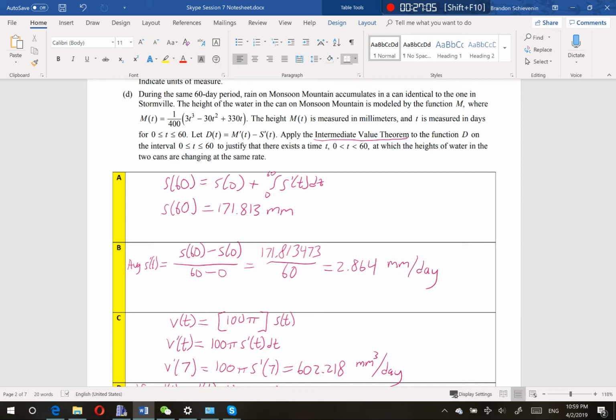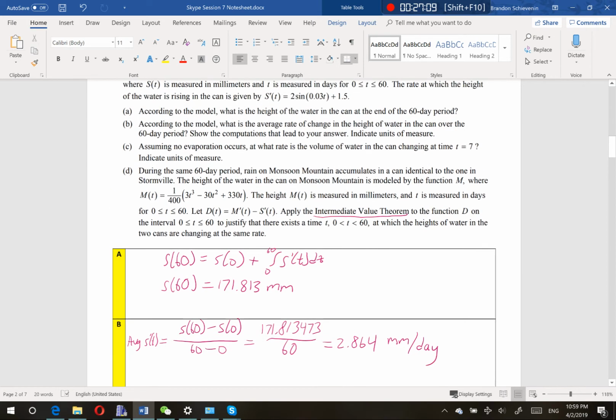Okay, so both of these functions are polynomials. Sorry, s prime at t is not a polynomial, it's a sine function. I've got one polynomial and one sine function. Are both of these functions continuous from 0 to 60? Yes.